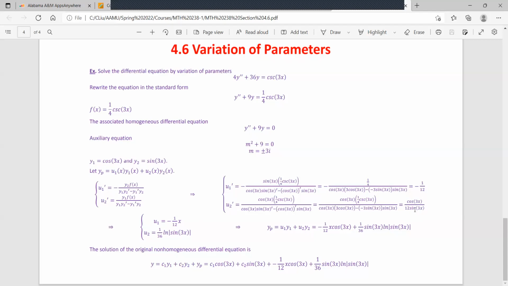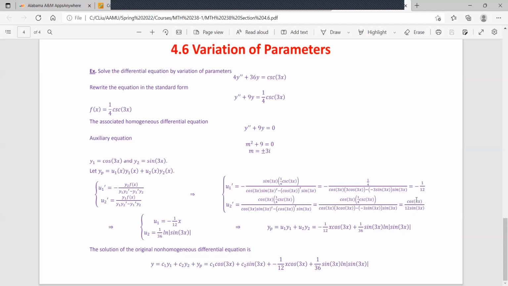If you do that, you're going to get du over 3 divided by 12u.